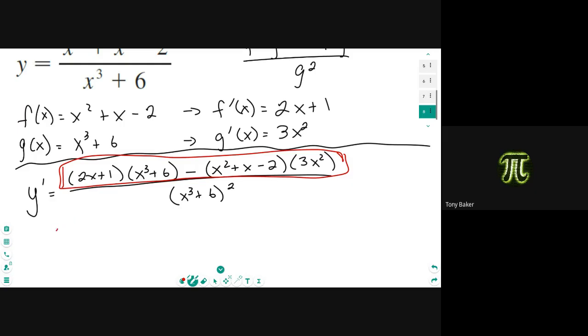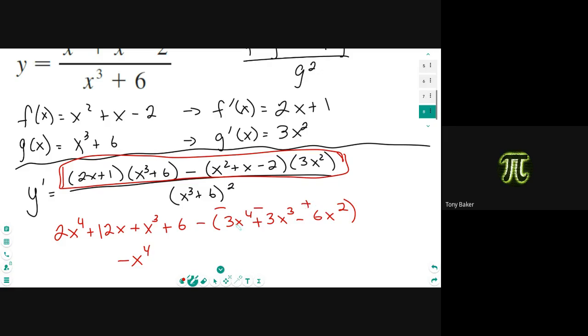So we have, let's see if I do this right this time, 2x to the fourth, 12x plus x to the third plus 6 minus 3x to the fourth plus 3x to the third minus 6x squared. So I've got negative x to the fourth, because that'll be a negative, and that'll be a positive.